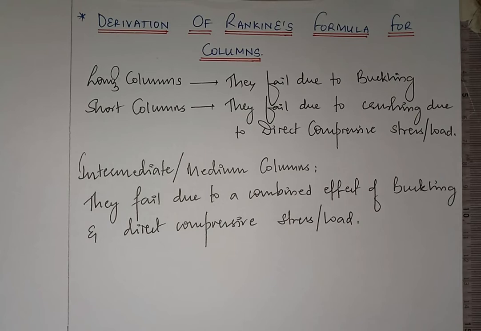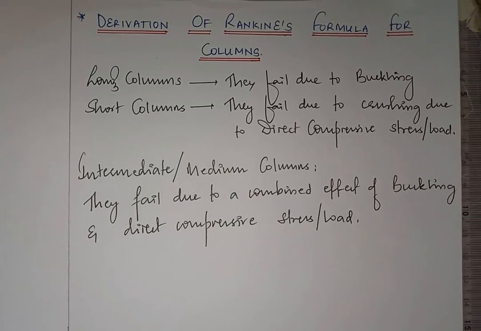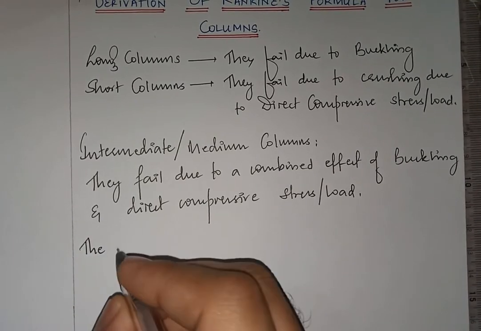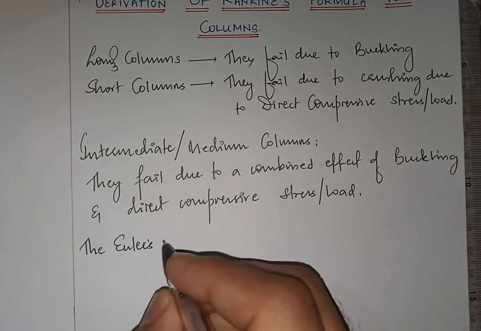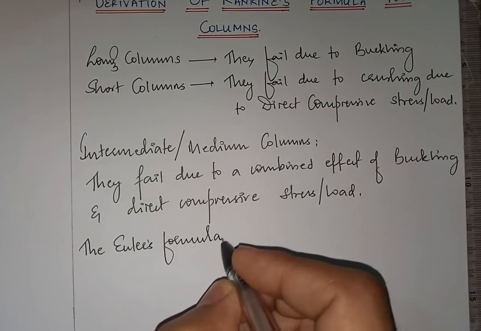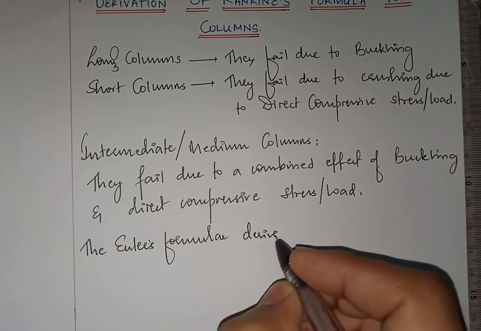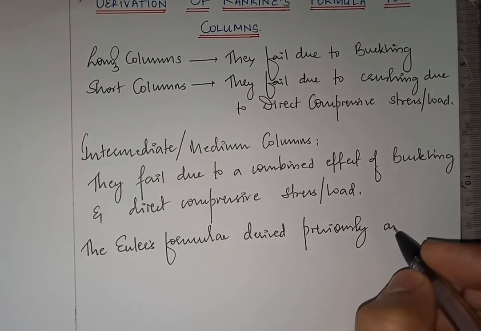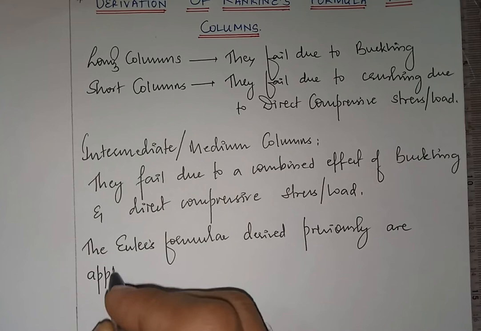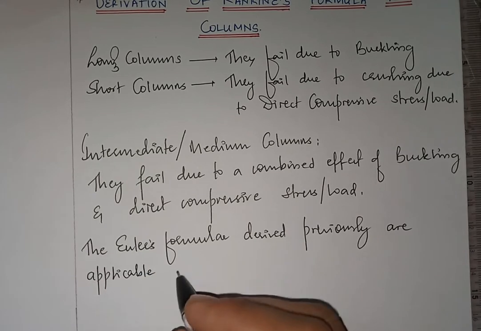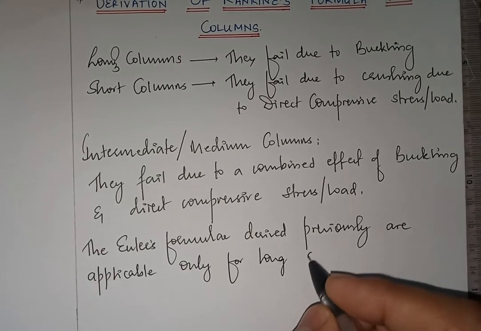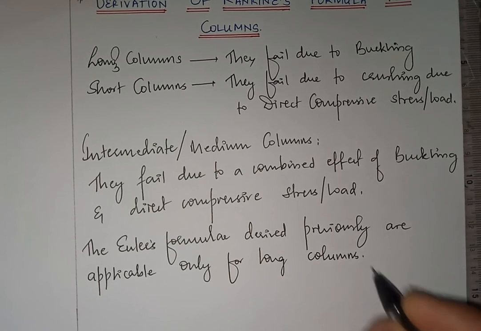Right? So now we'll be starting with the derivation of Rankine's formula. So before I start, let me write here: the Euler's formulae derived previously are applicable only for long columns.